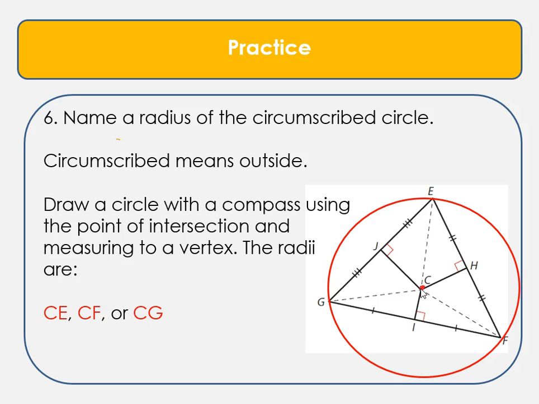These are your radii. So it said name a radius. There were 3 possible answers. You could have answered all. It would be CE right here, or it would be CF, or CG.